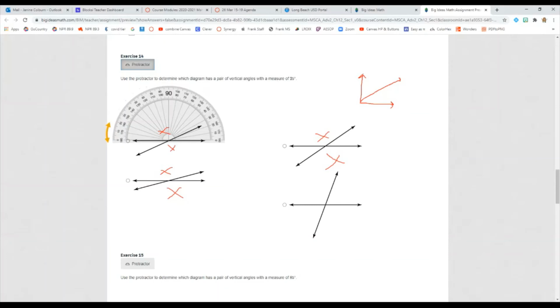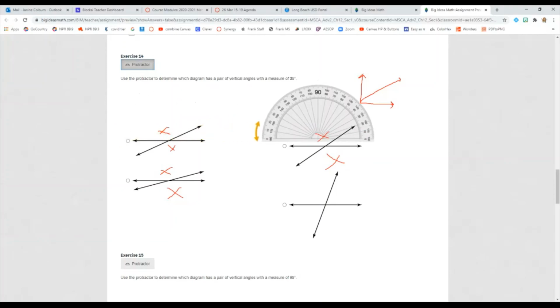So now, here's my 0. I'm following it around until I meet this ray. So that looks like 10, 25. This looks like it could be 25 degrees. But I want to make sure, because this isn't exact.